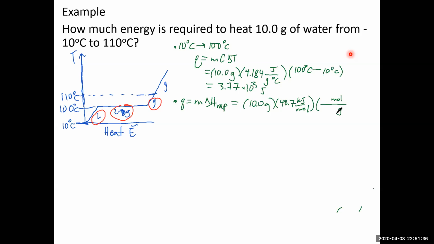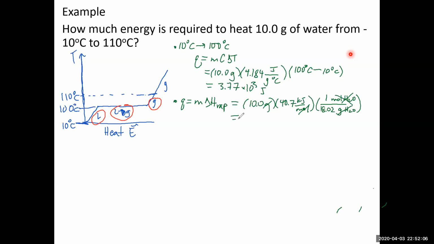Our grams has to be in the denominator here to cancel out this amount of grams, and our moles has to be in the numerator. So for every 1 mole, and this is of water, we have 18.02 grams of water. So now our grams of water will cancel out, and our moles of water will also cancel out.